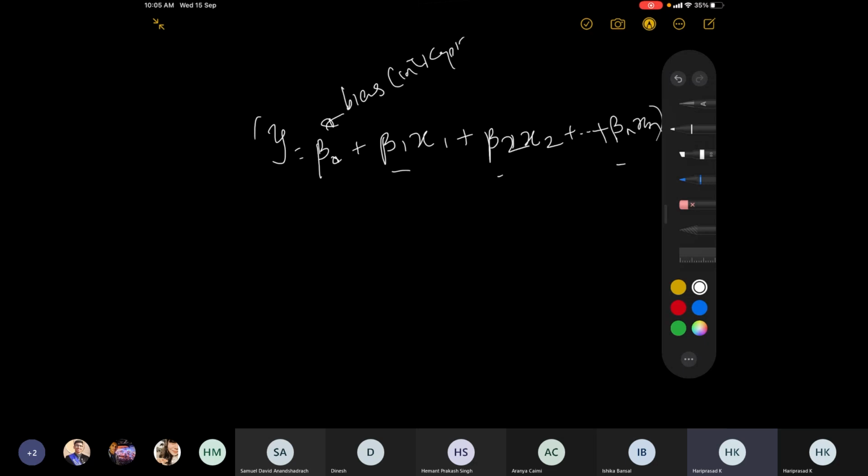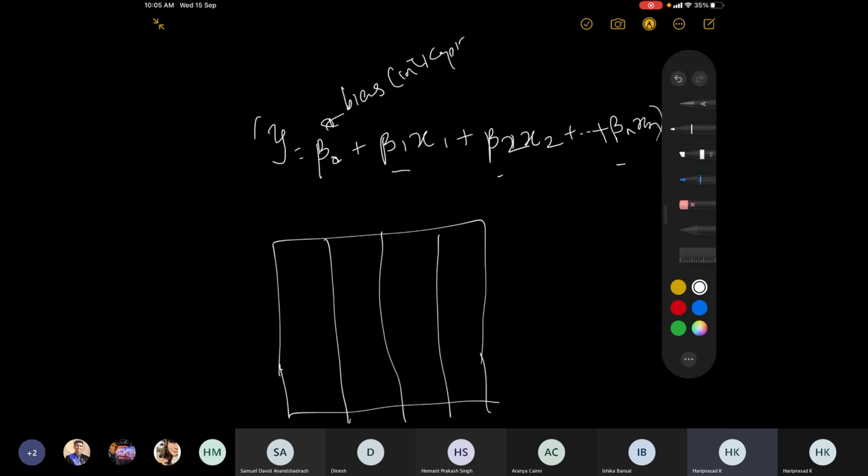So how do you do model development? Let's say you have data, which I keep in tabular form.